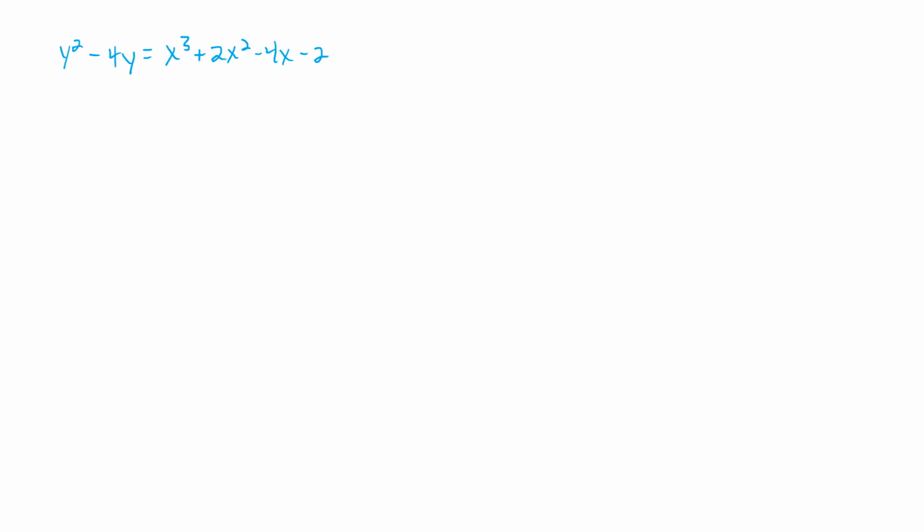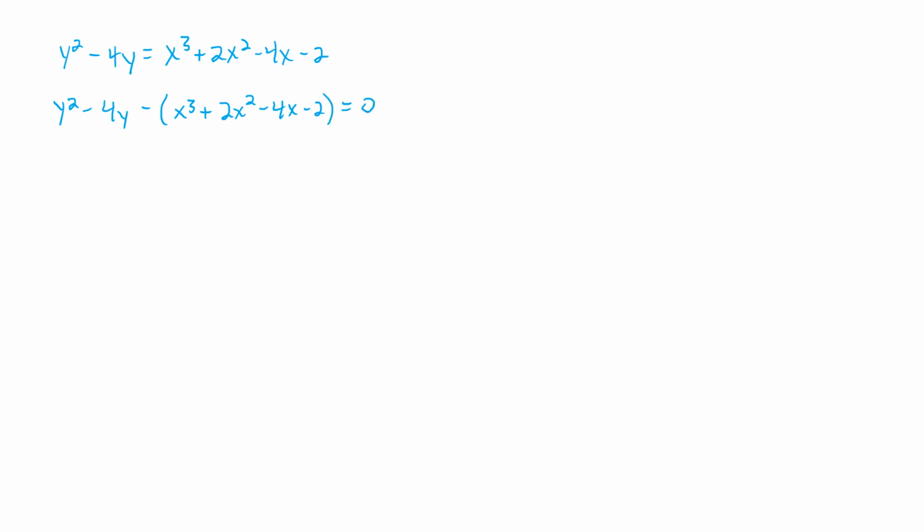We can rewrite this in a quadratic form. Let me show you. So we have y squared minus 4y minus the quantity x cubed plus 2x squared minus 4x minus 2 and set it equal to 0.